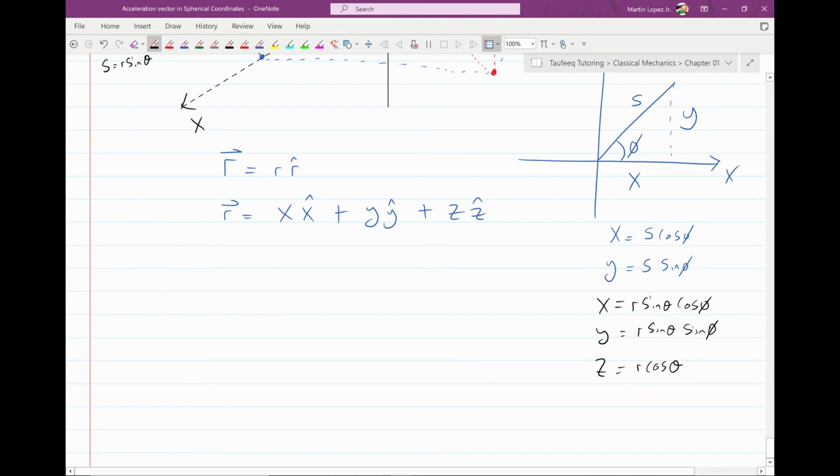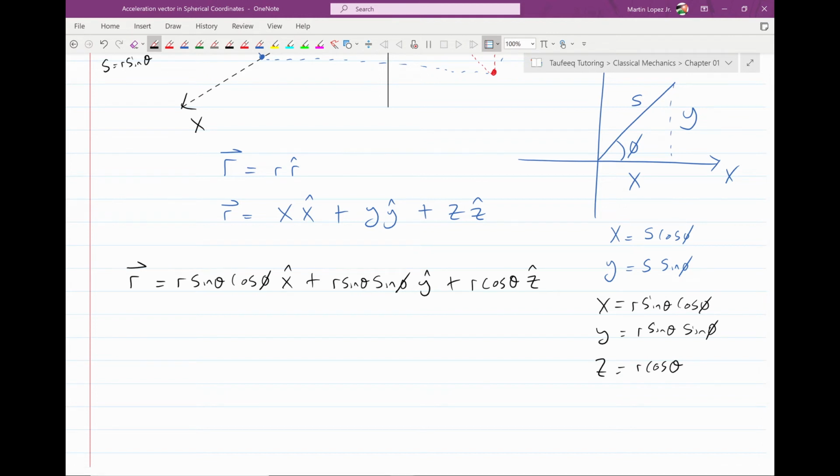Those are the conversions between Cartesian coordinates and spherical coordinates. So let's just plug those in. R sine theta cosine phi x hat plus r sine theta sine phi y hat plus r cosine theta z hat. Great.